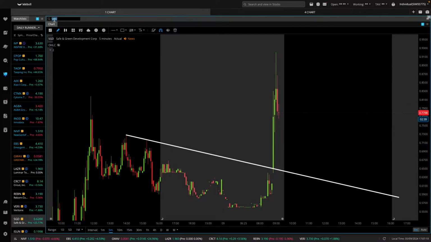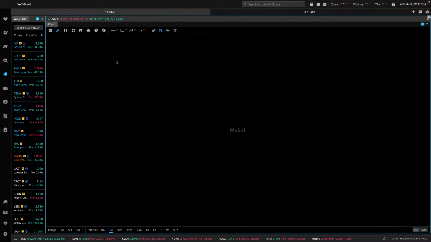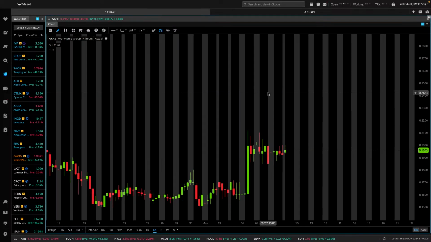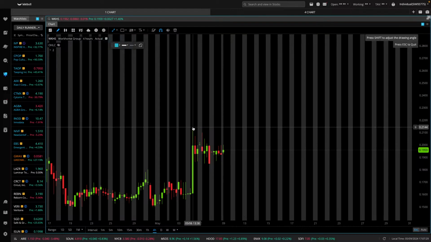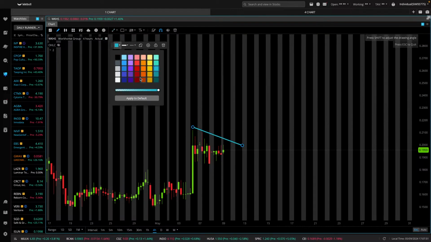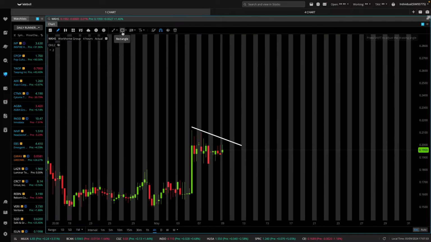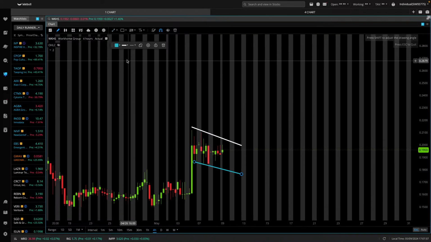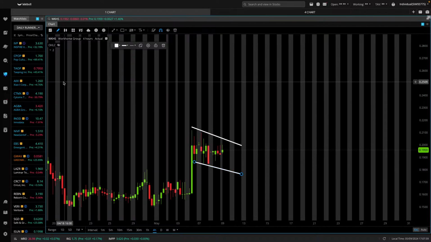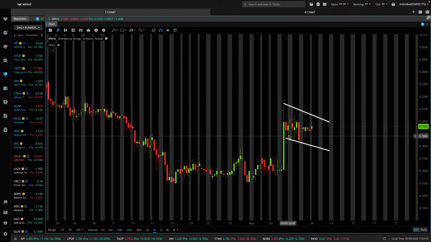Workhorse. Has it got a high short percentage? Short flow? I think it has. 4 hour, I don't know. 4 hour maybe flagging a little bit. Maybe a little bit of a flag forming, not really, maybe, yeah. I mean, nice strong bullish candle.